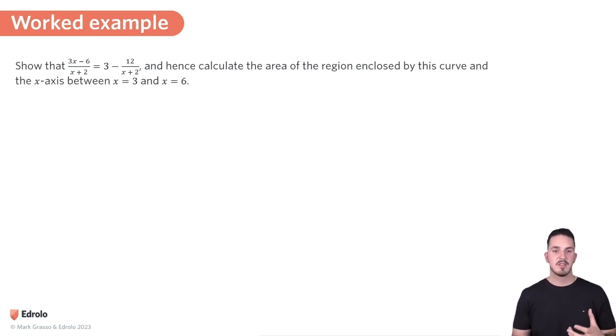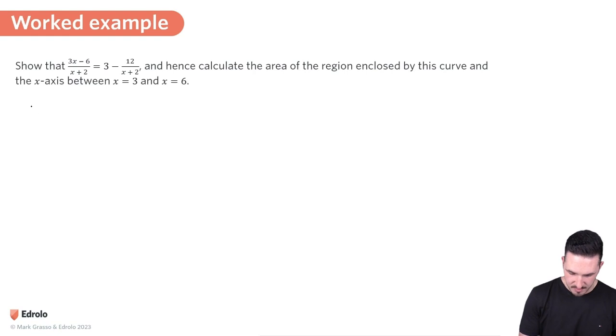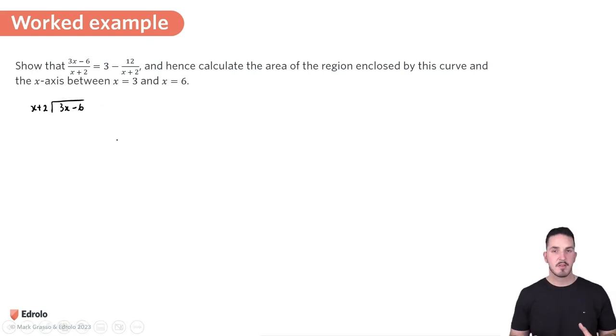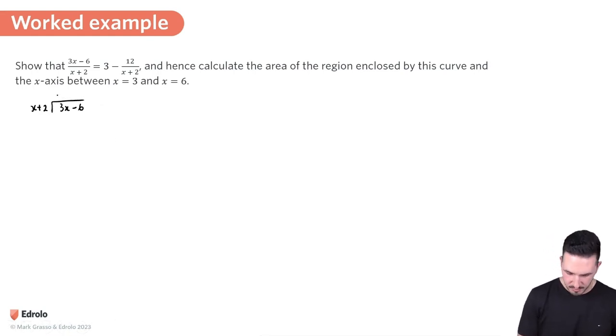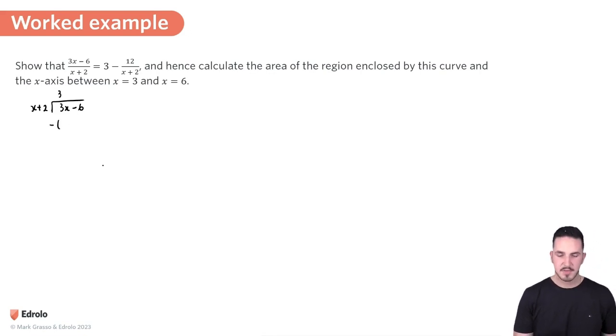To do this, we can use long division, or you can just think about, how do I get from x plus 2 to 3x minus 6? I'm going to show you how to do it using long division, even though it really doesn't take that long in this case. So we're going to have x plus 2 and 3x minus 6. So now we can do 3x divided by x, so we're left with 3. Then we subtract. So 3 times x plus 2 is 3x plus 6.